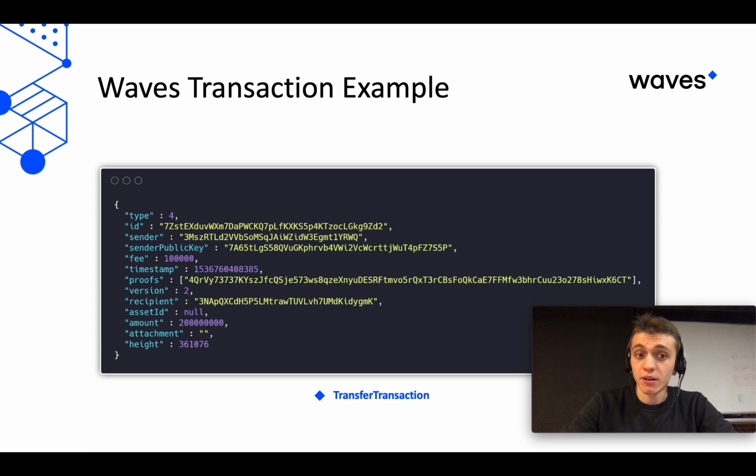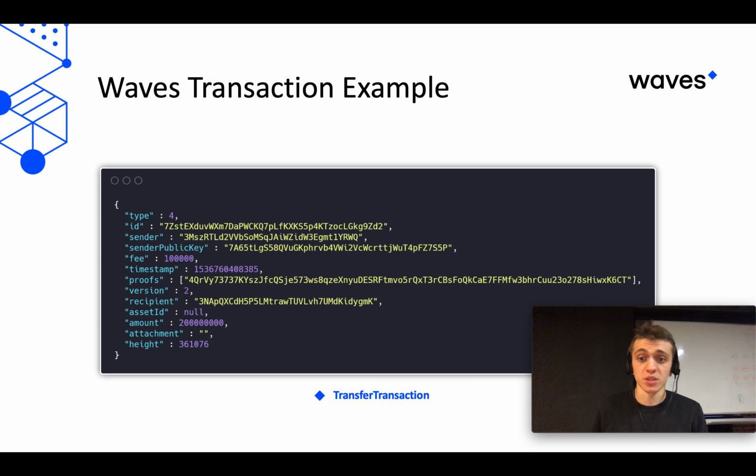So, for example, transaction type 4 is a transfer transaction. You can find the recipient here in this JSON schema, sender public key, etc. As a developer, if you work with the Waves API, you will see only JSON schemas. So in this case, it's a transfer transaction.